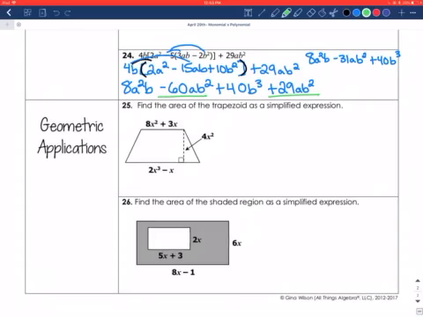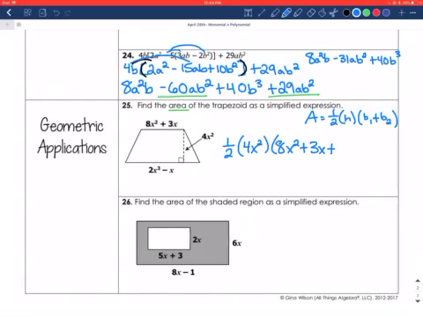All right, for geometric applications, we are finding the area, which when you find the area of a trapezoid, that formula is 1/2 times the height times both bases added together. So what we'll do here is we have 1/2 times the height, which is 4x squared, times the bases added together.